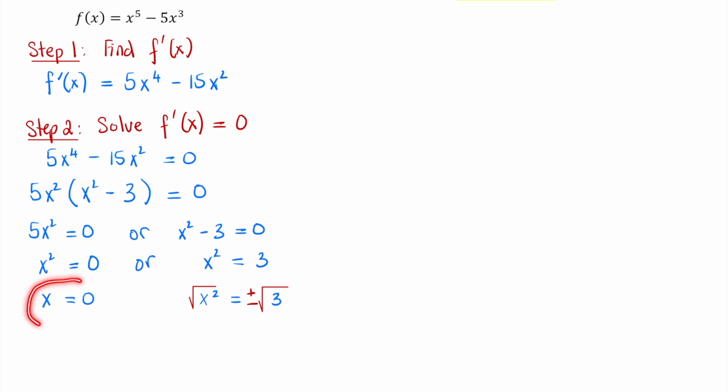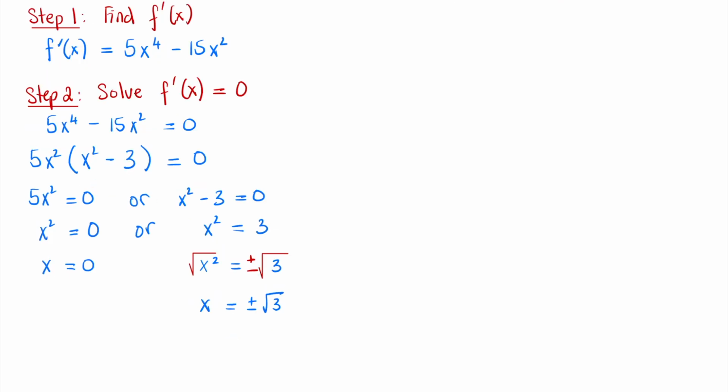I did not include plus or minus here because plus or minus 0 is 0. But for a non-zero number, always remember the plus or minus. So x is plus or minus root 3. So I have three critical numbers, x equals 0, root 3, and negative root 3.